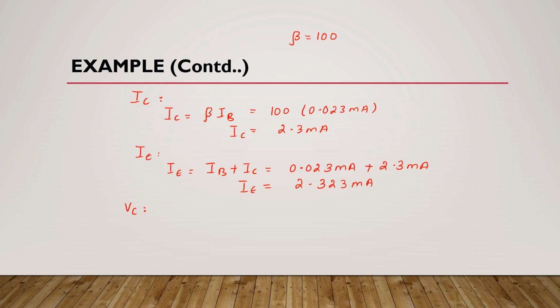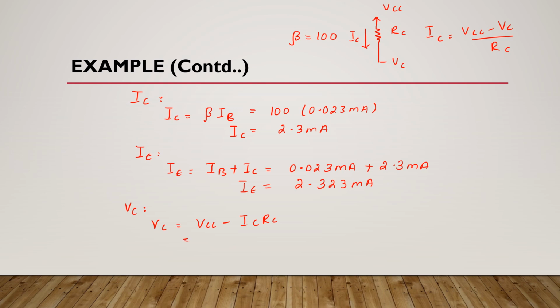Now we will find the nodal voltage at collector. We know that the formula of collector current is VCC minus VC divided by RC, because this is our collector terminal where here we have VCC, here we have VC and here we have RC, and current IC is flowing in this direction. So VC is equal to VCC minus IC RC.